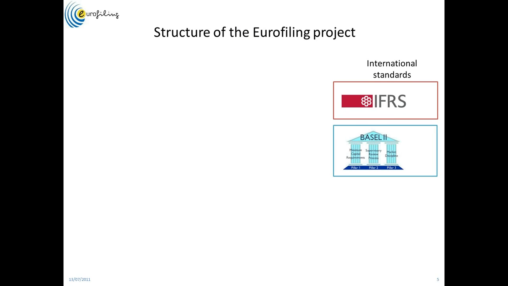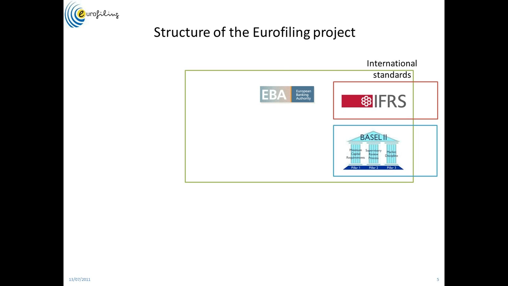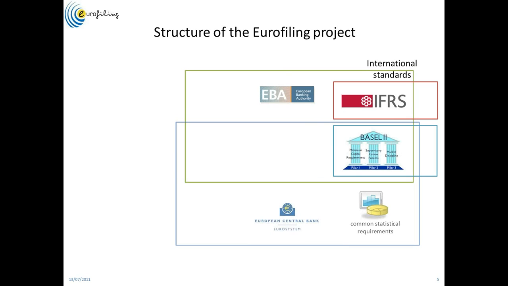In the Eurofiling project, we deal with a number of international standards. The most important ones are IFRS and Basel II. And in this project, it's the European Banking Authority who is responsible for adjustment of these two standards to the European needs. There is another big player, which is the European Central Bank. For statistical reasons, it also gathers a number of important information from the filing entities.